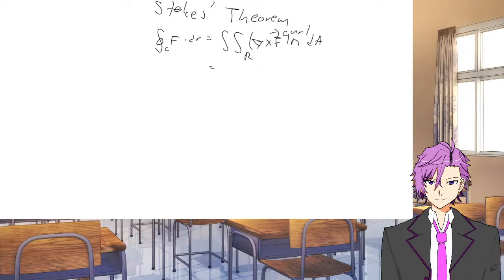Alright, so the vector field is like this, F(x, y, z). This would be minus y x squared z cubed. But we need to find the curl. We should also find the curl.